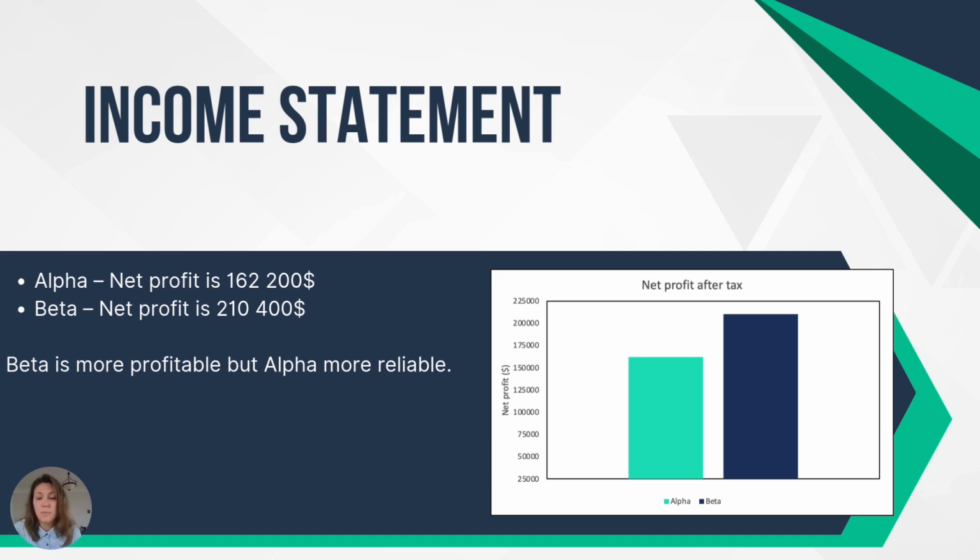This suggests that Beta company is more profitable during year 2025 and generated stronger earnings from its operations. However, Alpha company is more reliable and is considered more financially stable because it has lower interest expenses and it appears to rely less on debt financing. This may reduce financial risk in the long term.